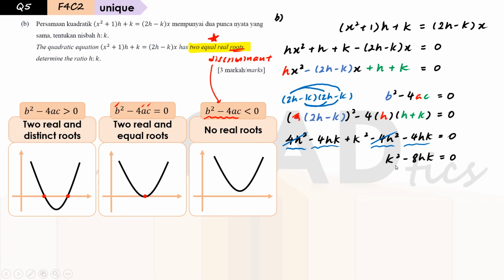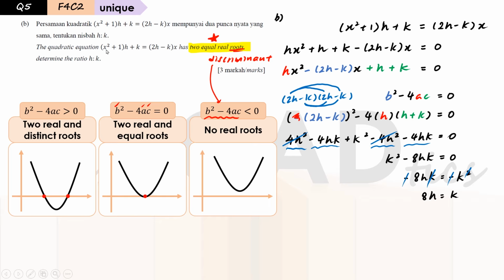What I'm going to do now is remain h on the left side, everything else to the right side. So this k squared, I'm going to move it first. Since both sides have k, let me cross off a k for both sides, one k here and one k here. And the negative I can also cross off. So here would be something like this.